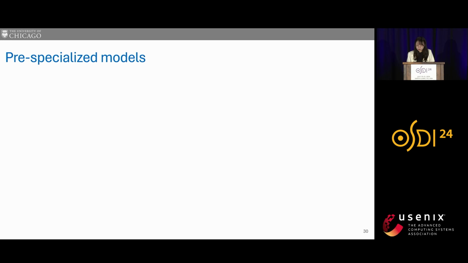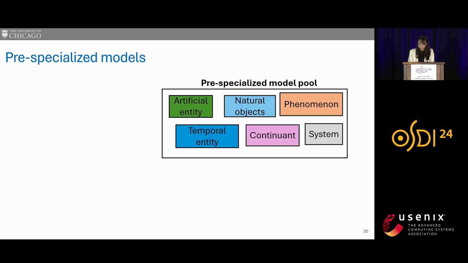People may wonder, is per application customization really needed? To answer that question, we built a baseline that first specializes different models for a bunch of categories, for example, natural objects, artificial entity, etc. And then we assume that there is a magical way to determine which categorized model should be used to serve the application.